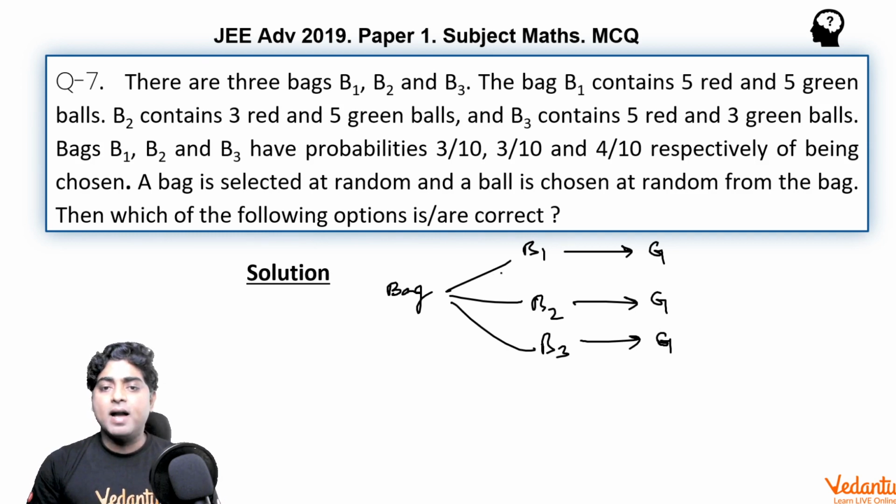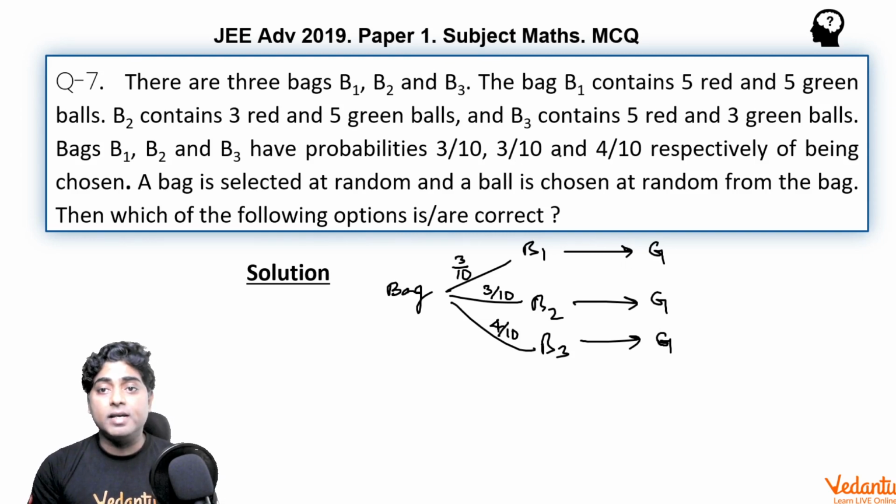So bag B1 to be chosen probability is 3 by 10, bag B2 again 3 by 10 and bag B3 it was 4 by 10. It is given in the problem. And from the bag B1, if bag B1 was chosen, what is the probability that the chosen ball is green?